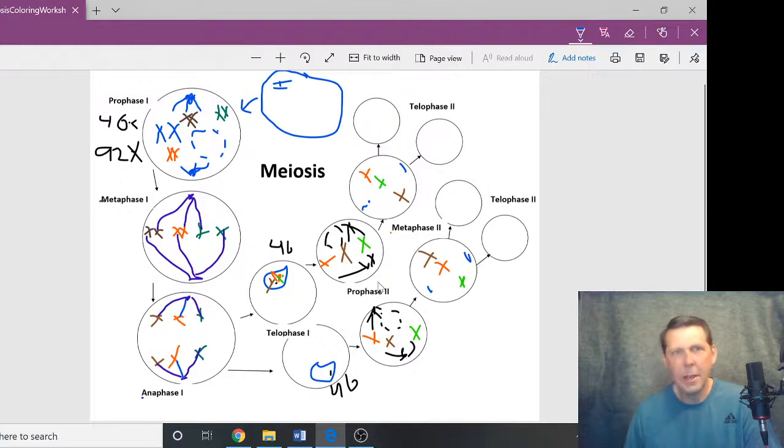Prophase, metaphase. I looked at this PDF I don't know how many times. I just realized there's no anaphase 2. Huh. All right. Well, that's great. Attaching to the centromere. Attaching, attaching, attaching. I'm not going to say it again.